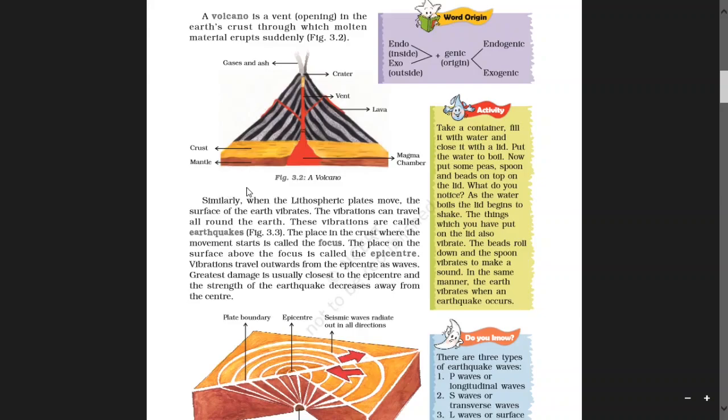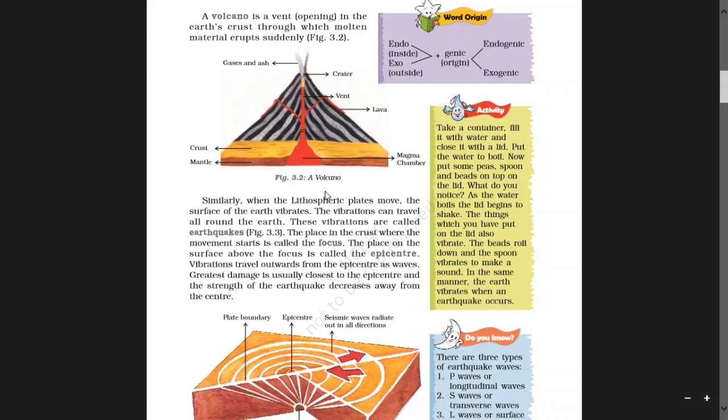You need to draw this labelled diagram and name all the different parts mentioned. Draw it nicely, and you can color it also.